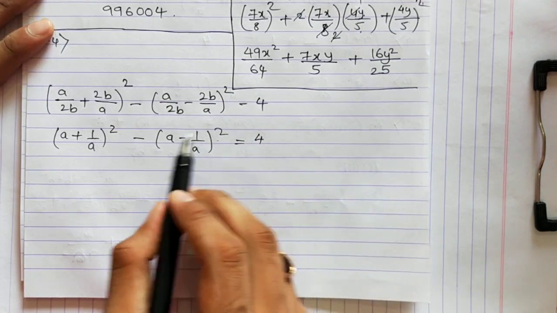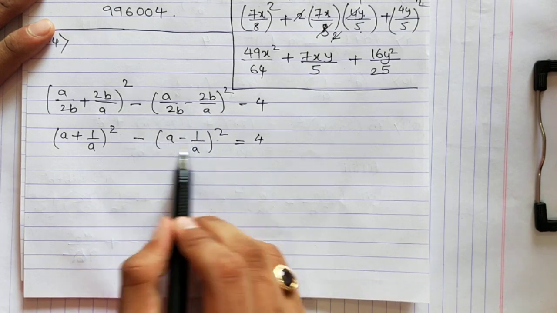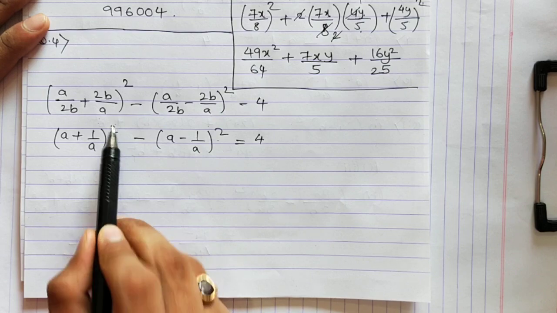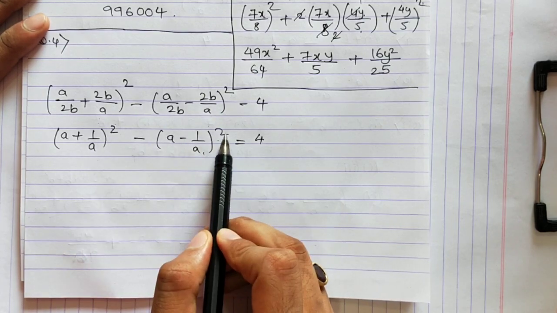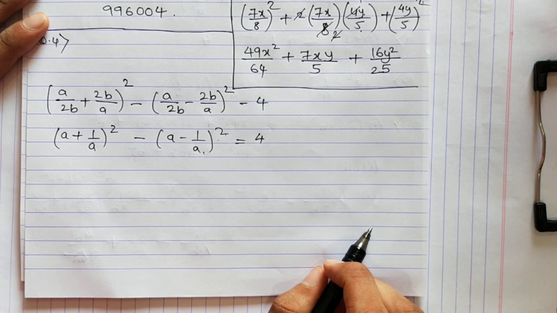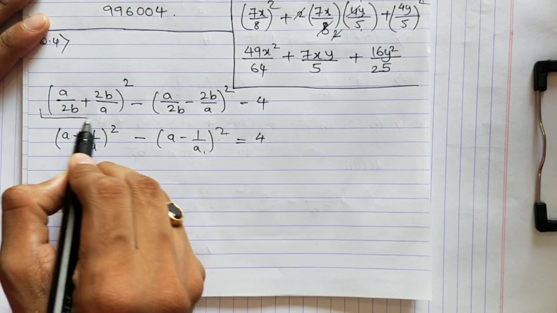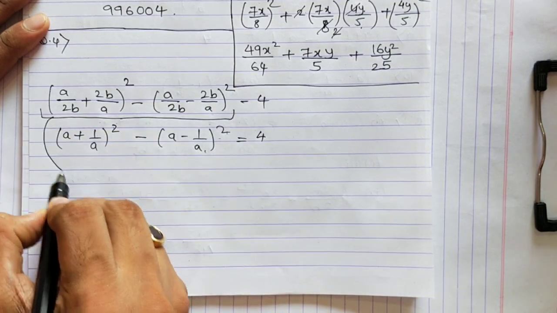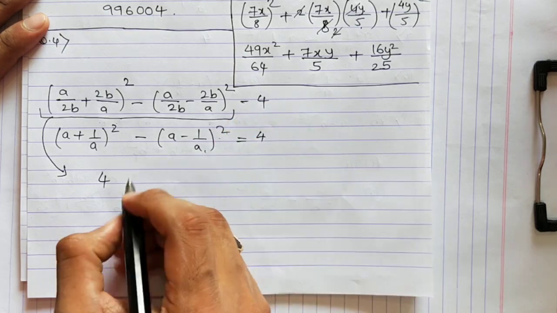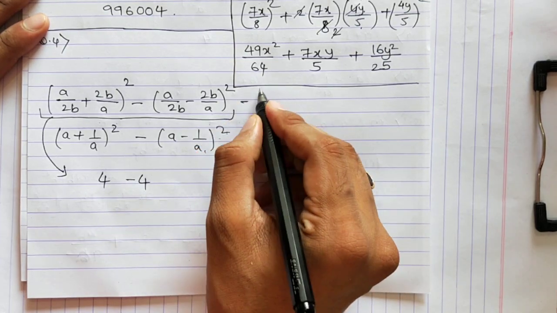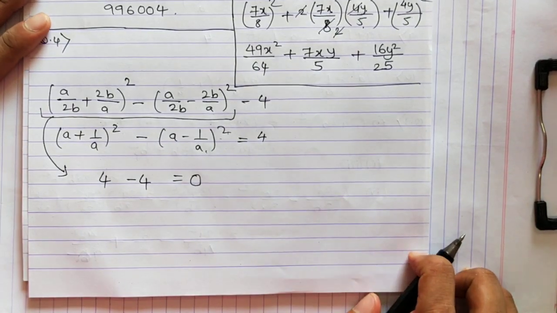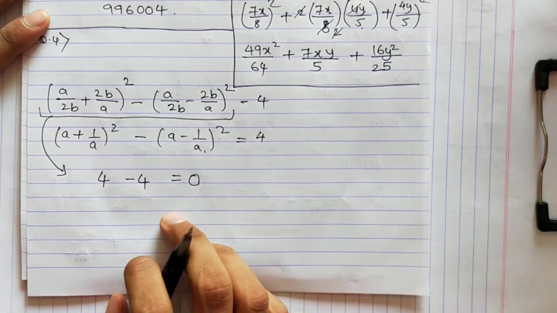Okay, so this formula says that if you have a plus 1 upon a the whole square minus a minus 1 upon a the whole square, you can write this entire term as 4. So basically here this entire term we can replace with 4, then this minus 4 is still left, this minus 4 will come here and the answer will become 0. Okay, so this is the shortcut of doing the sum.